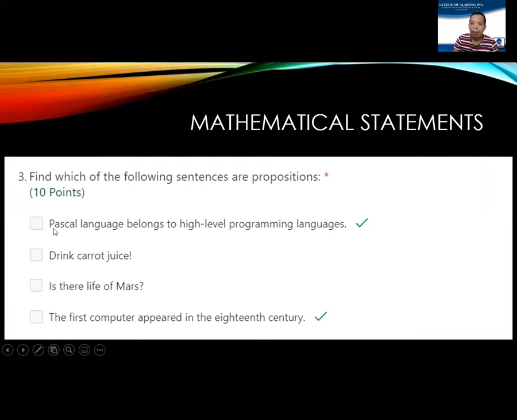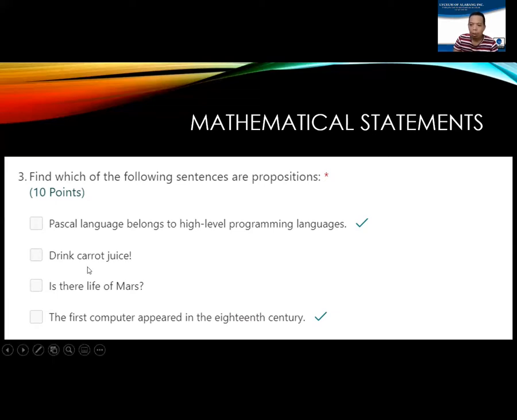Therefore, for this question, we have choice number 1 and choice number 4 as statements that can be considered mathematical propositions.